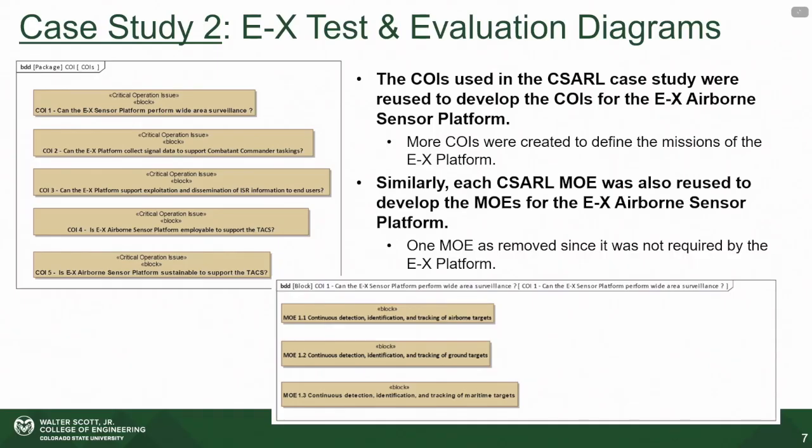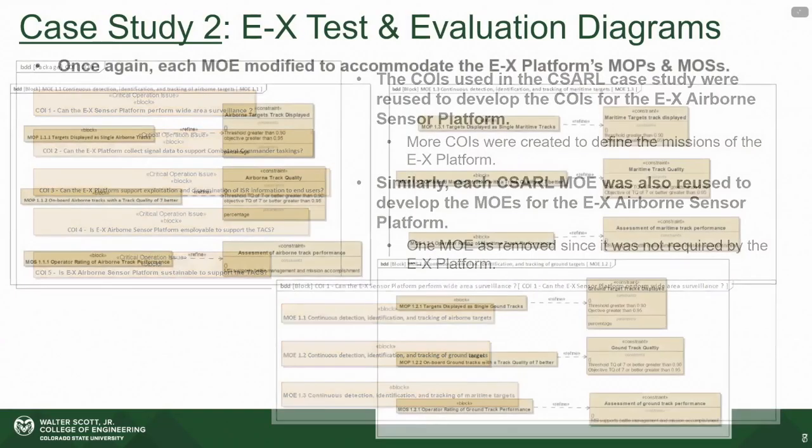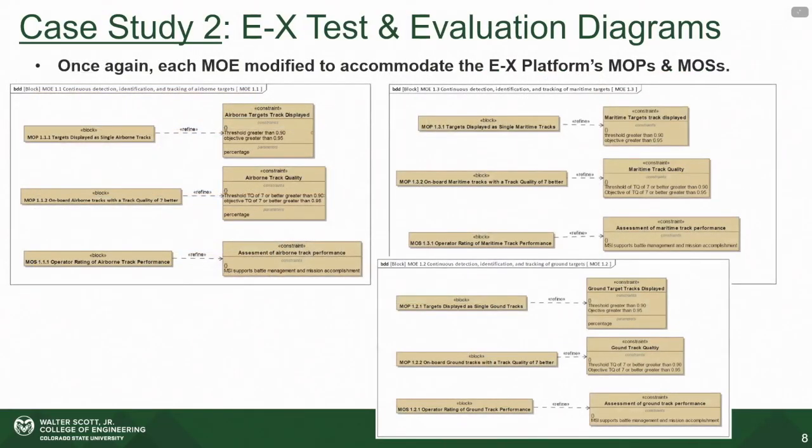This approach streamlined the development process, and it demonstrated how model reuse can enhance consistency and efficiency across different test case applications within an MBSE framework. Once again, the flexibility and reusability of these models allowed me to take the MOEs and break them down into the individual MOPs.